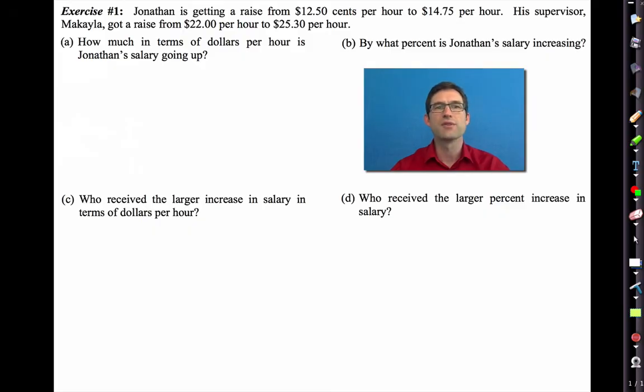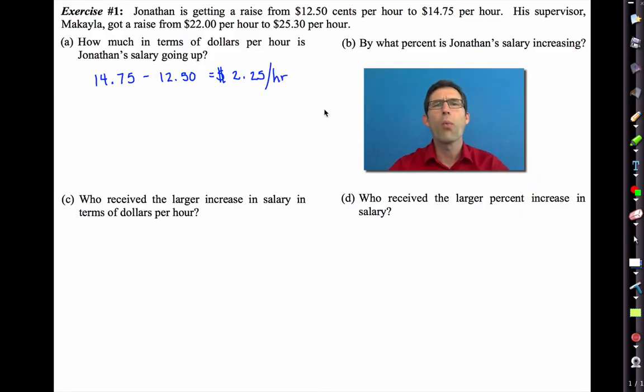How much, in terms of dollars per hour, is Jonathan's salary going up? We can just do the subtraction. His salary is going up by $2.25 per hour that he works.